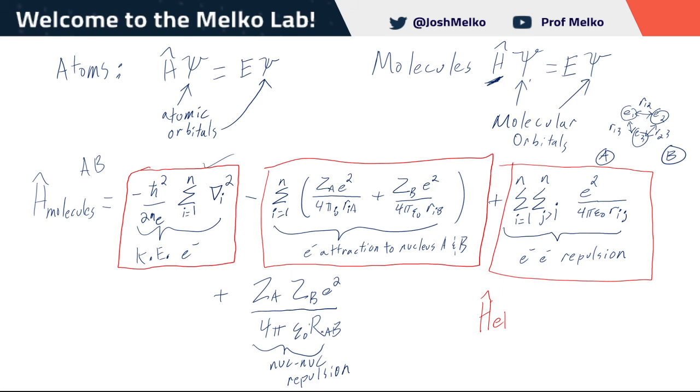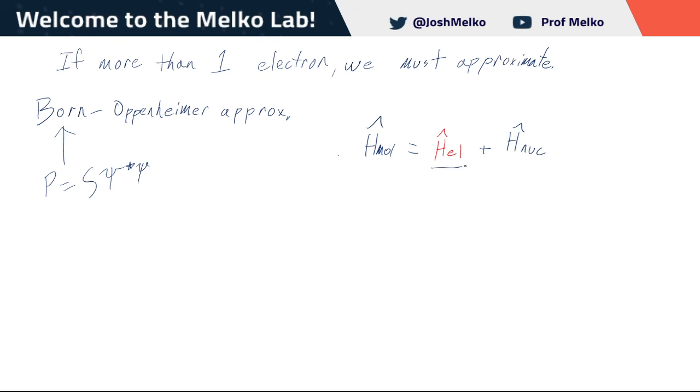And so we're going to separate out the electronic term and just solve that. So this is the Born-Oppenheimer approximation: you're able to separate out the Hamiltonian of a molecule into an electronic part and a nuclear part. The nuclei are fixed. The abbreviation for it kind of stinks, I realize, but it is what it is.